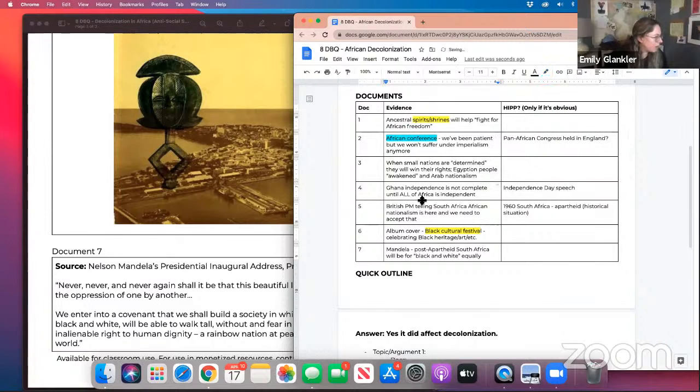And so is, all of Africa needs to be independent. And then this British Prime Minister is just informing the white South Africans, hey, y'all, there's this strong African nationalism that's happening. Okay, so I see 2 groups that make a lot of sense to me, where I would say, yes, it did affect decolonization.